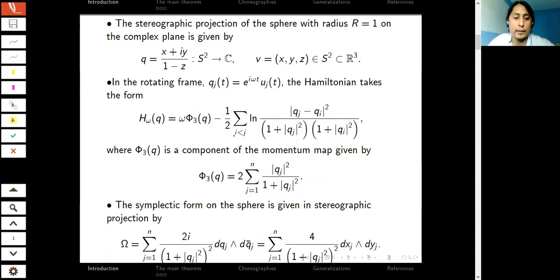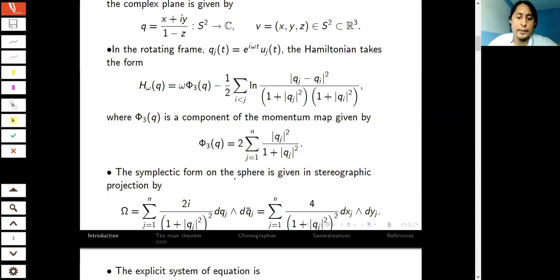Oh, there is a mistake here. This should be u. Sorry. So H_omega of u is equal to omega times Phi_3 of u plus this, everything depending on u. So this is the Hamiltonian in the rotating frame, seen from the chart of the stereographic projection, where Phi_3 is just the third component of the momentum map, which is given here.